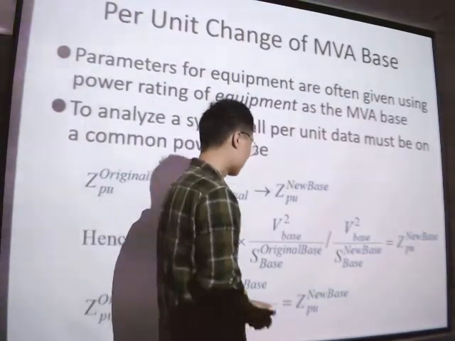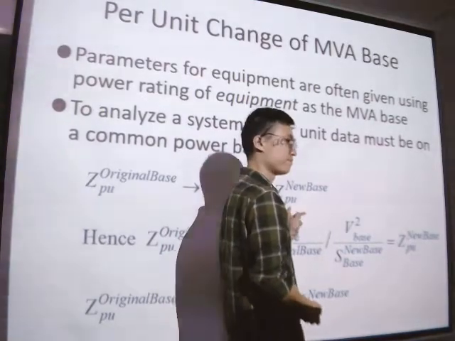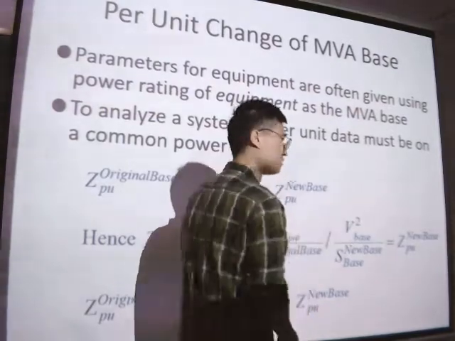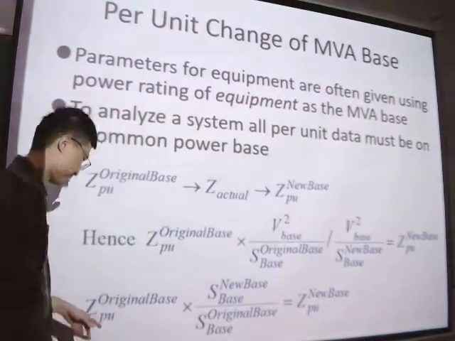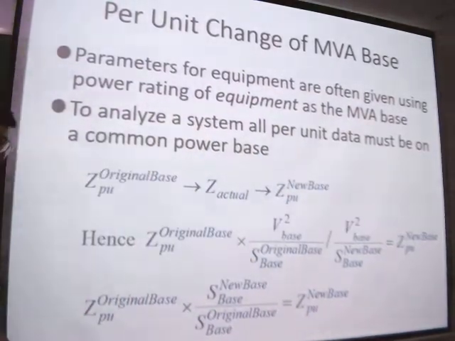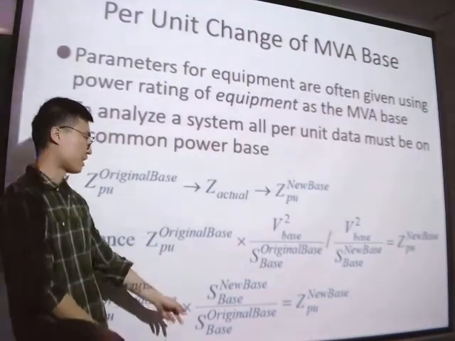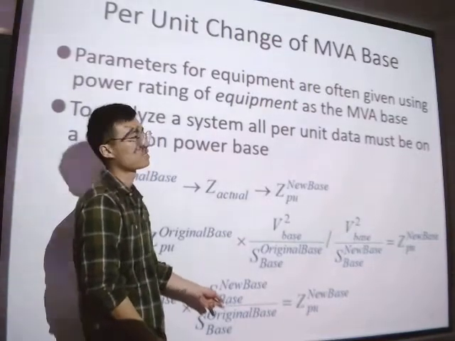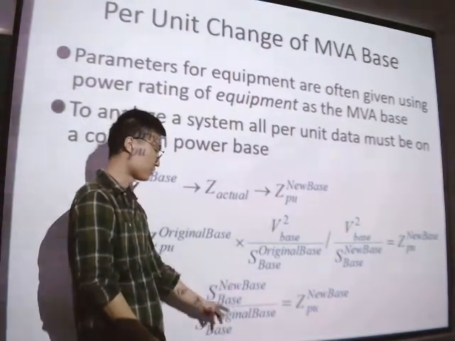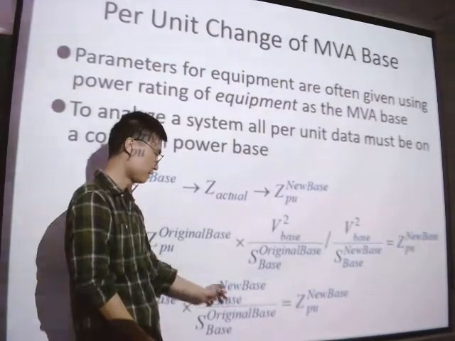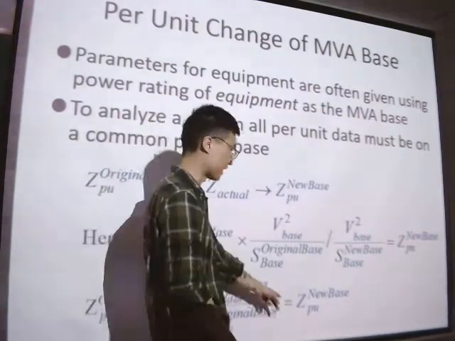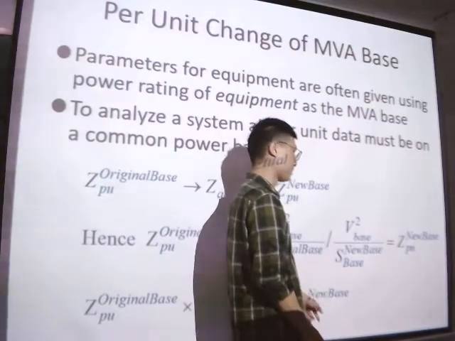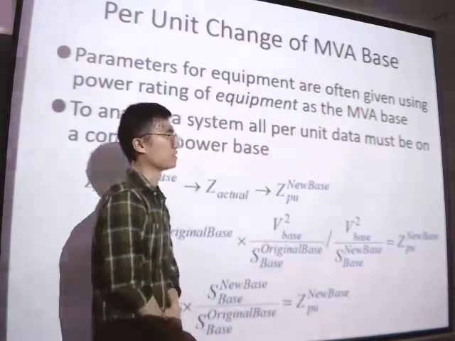In this case, V squared divided by V squared, so the original base is multiplied by the ratio of the complex power bases in the two per unit systems, and we will get the new impedance in the new per unit system.